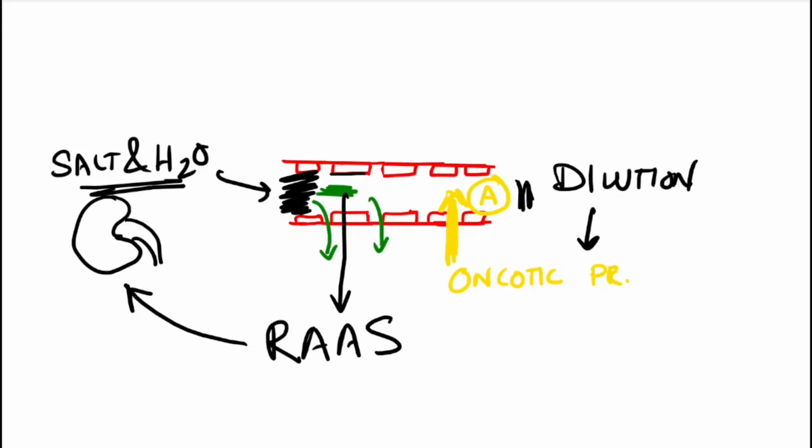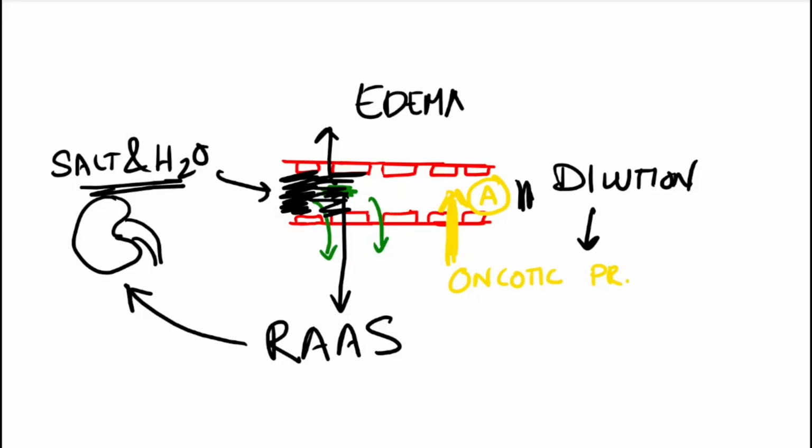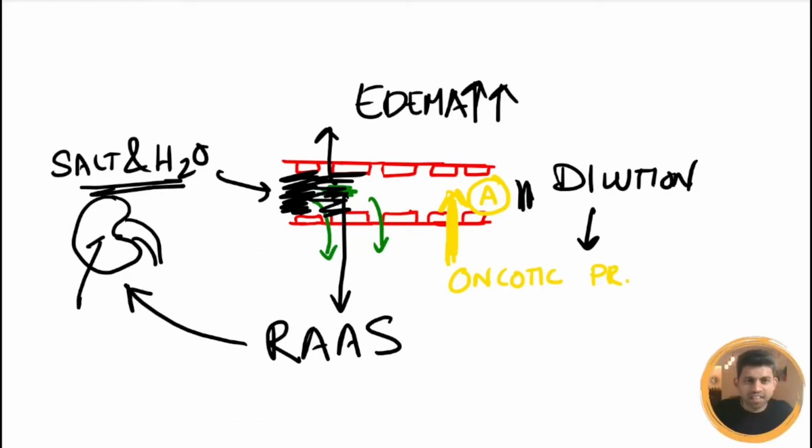Also, increased intravascular volume causes increased hydrostatic pressure. So, because of these two factors, edema worsens. Kidney tries to help but ends up making edema worse. This vicious cycle of salt and water retention can occur in renal failure and cardiac failures and can worsen edema in both conditions.